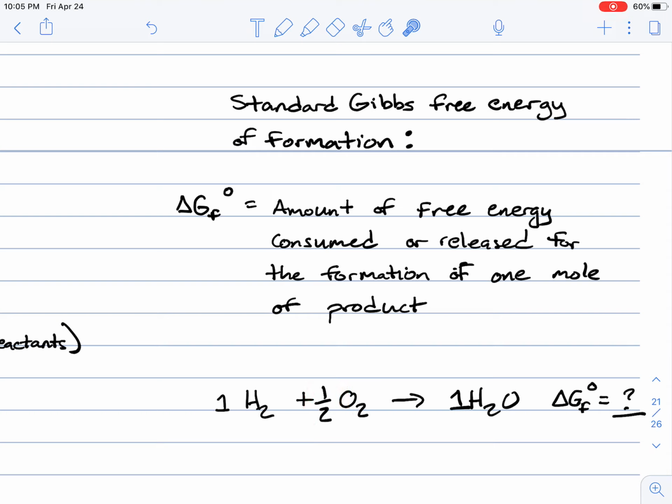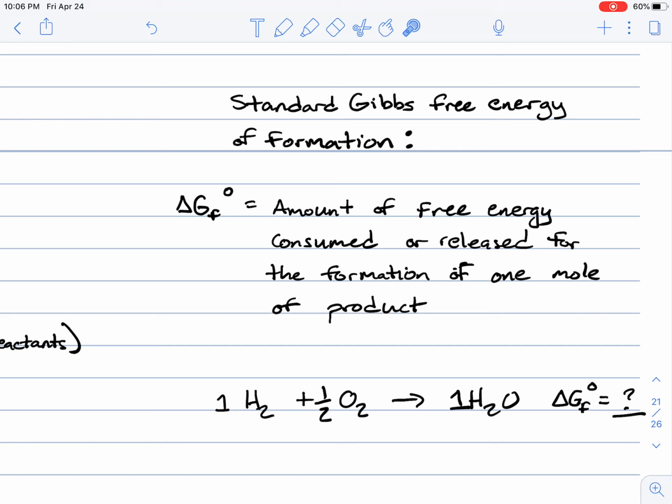And so when you add up the number of moles, the number of atoms, you get exactly 1 mole of product. And so the amount of free energy consumed or released for the formation of 1 mole of product is known as the standard Gibbs free energy of formation.